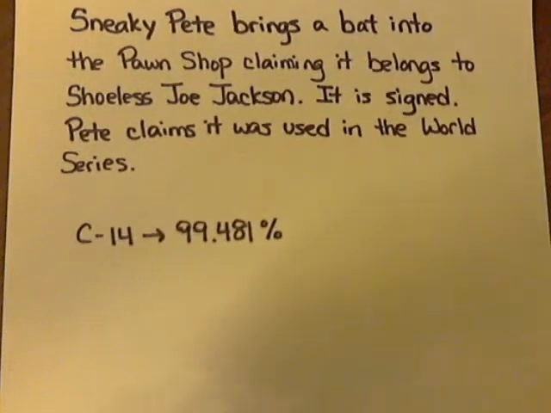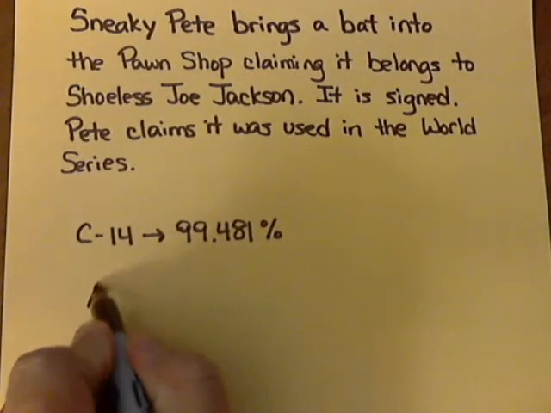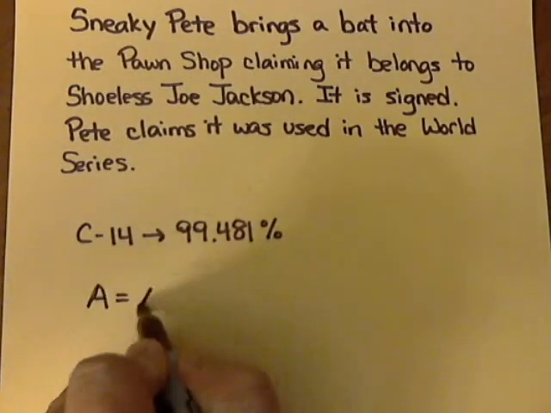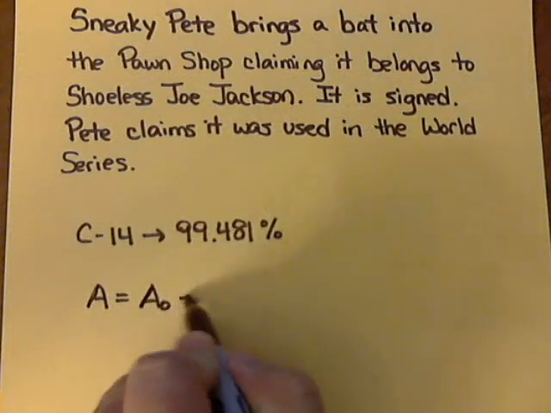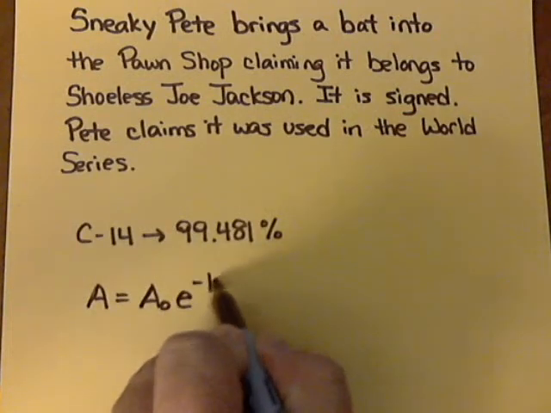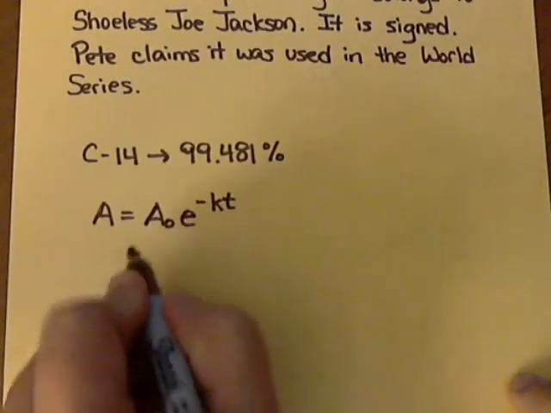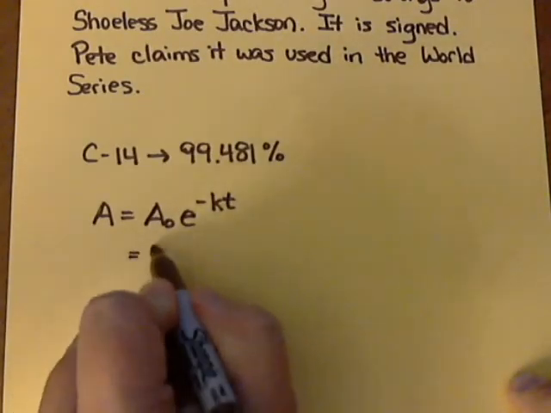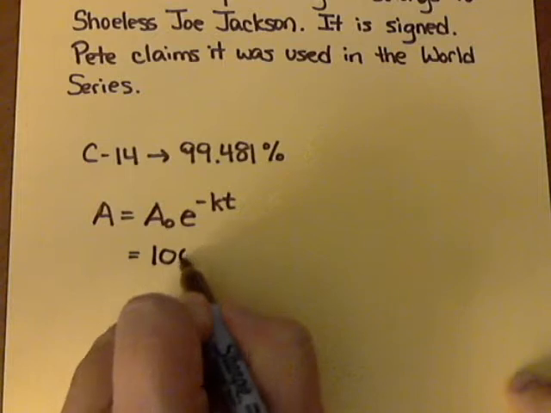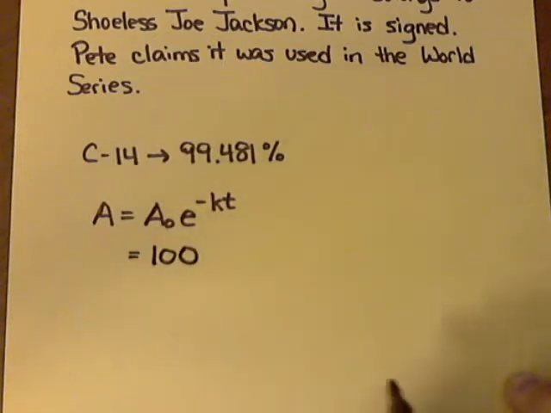Okay. Well, we've got our decay rate formula, our carbon-14 formula. And we can use any number for the initial amount. The easiest number to use is 100 since we're dealing with percentages.